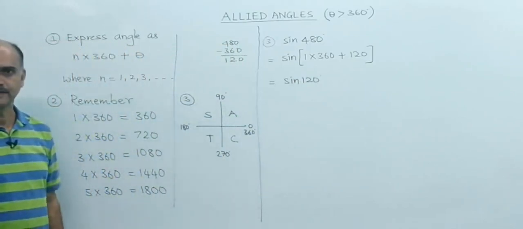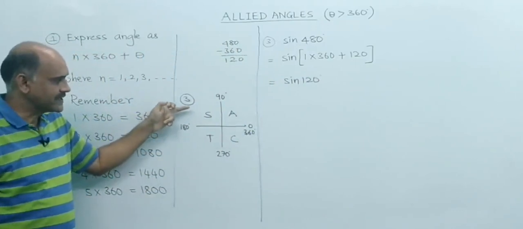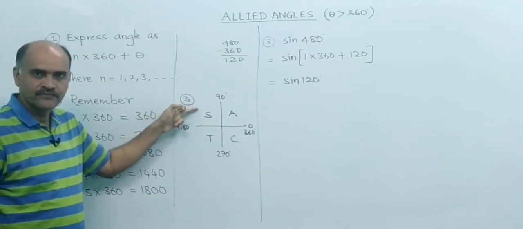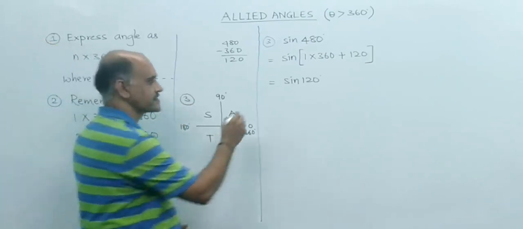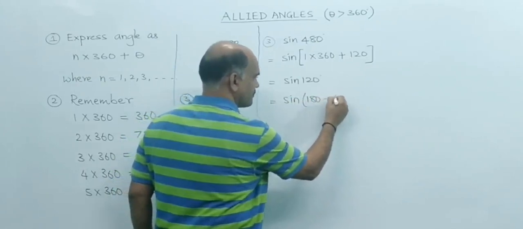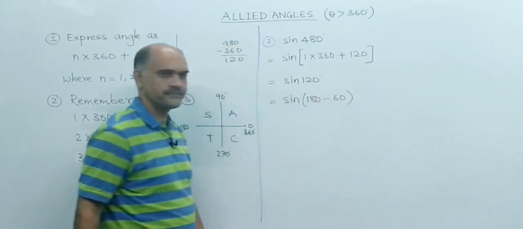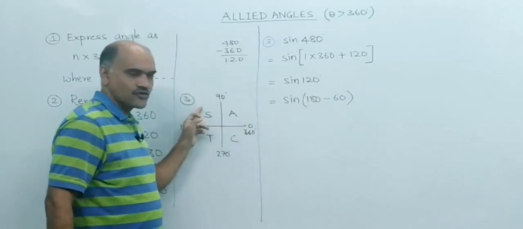Now again, in the previous session I have told you 120 lies in the second quadrant. So 120 is written as 180 minus 60. So sine of 180 minus 60. 180 minus means the second quadrant.